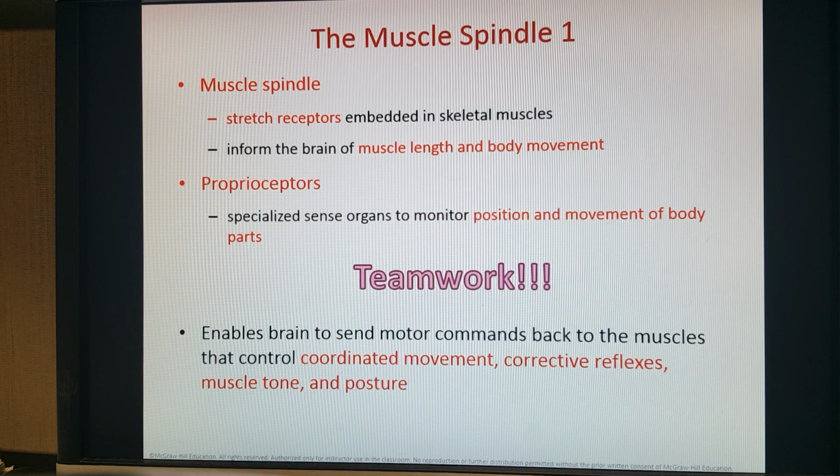If you're doing some kind of movement, it makes sure certain muscles, like your core muscles, are contracted enough, nice and tight, so that you have good balance when you're doing something. So it's just keeping your body upright and protecting your organs and everything from damage.